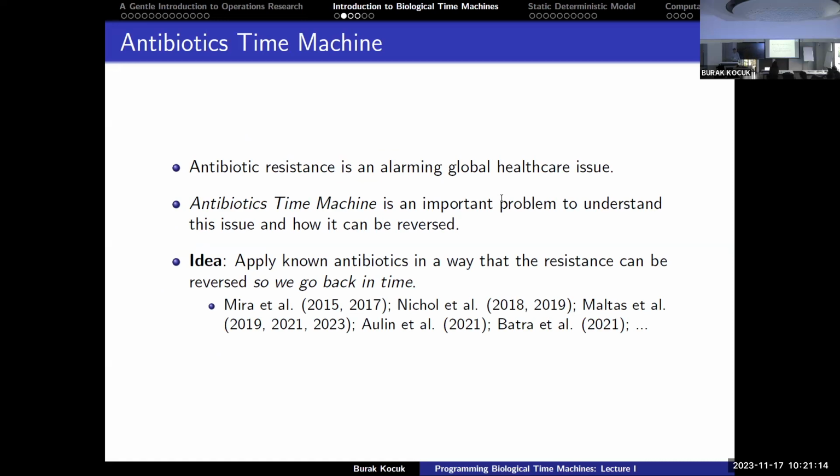Why do we have this resistance issue? Because some antibiotics are overused, right? And bacteria became resistant to them. The idea is to use the antibiotics in a different way, so that you can go back in time and reverse this antibiotic resistance issue. These are some references, and these people have looked at this problem from different sides.